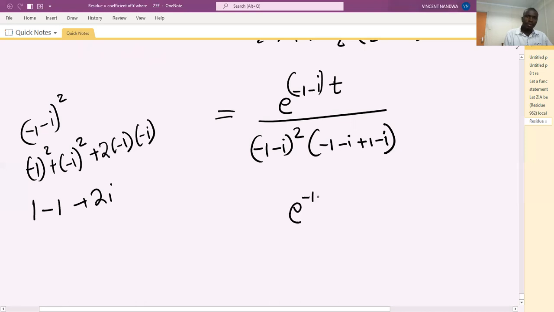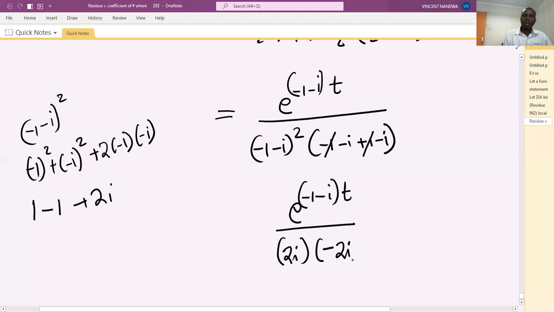Then e raised to the power (-1 minus i) times t over 2i, and then this and this cancel out. So this will be negative, negative, positive, so this is -2i. So we get e raised to the power (-1 minus i) times t divided by 4.